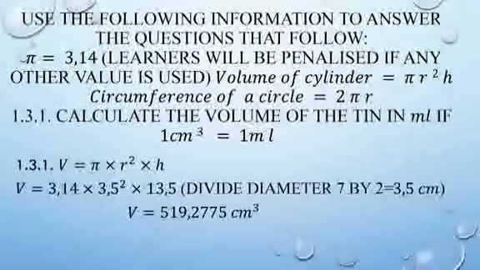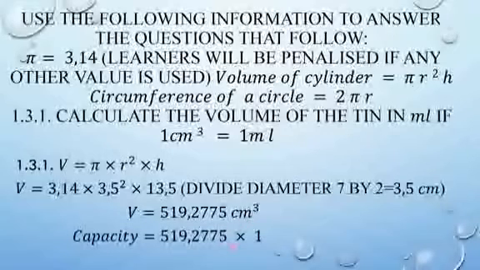So the volume therefore is going to be, if you multiply everything there, you're going to get 519,2775 cubic centimeter. That will be the volume. Now what will be the capacity?